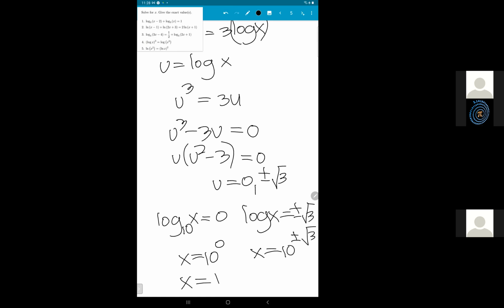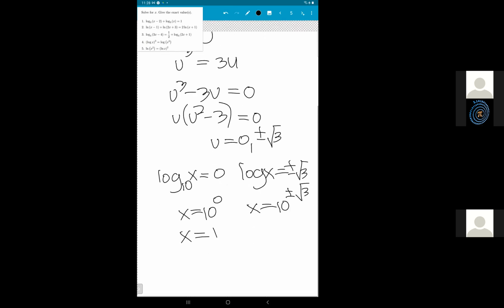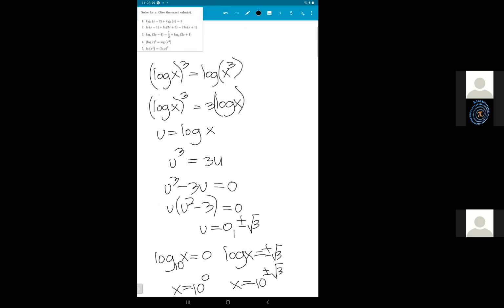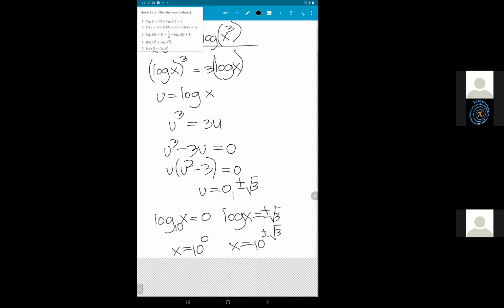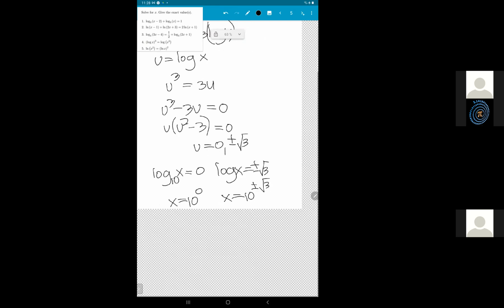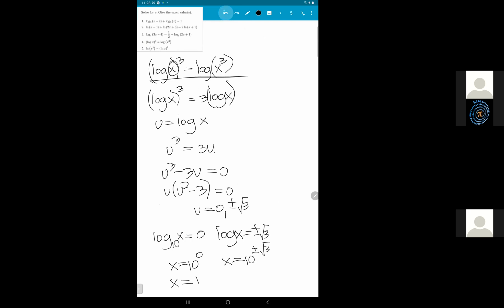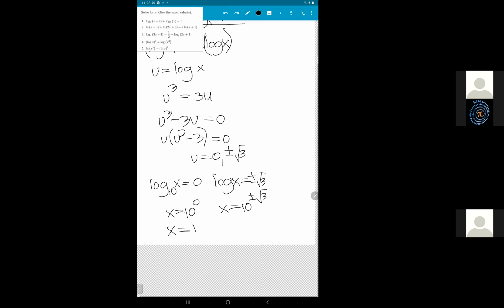So there are how many possible solutions? 3. So we just check if they can be substituted into the original equation. Can they? Yes, we can plug in 1. Okay, no problem with 1. We can also plug in both of these since they are non-negative.